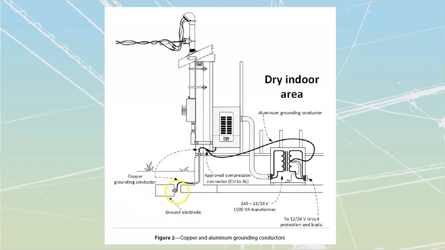Here's my grounding electrode. The grounding conductor is always the conductor that is running through here up into the neutral itself. That is considered to be a grounding conductor. It goes directly between the neutral and the earth itself. I can have other smaller systems that I'm going to attach onto here.